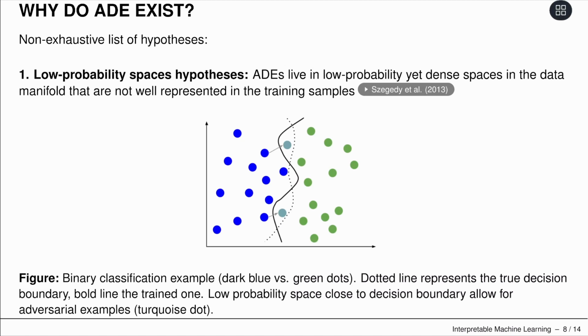There could be lower probability spaces of hypotheses. So maybe we're seeing here different kinds of classifiers. We have a binary classifier example. So the dark blue versus the green dots we would like to classify in that example.